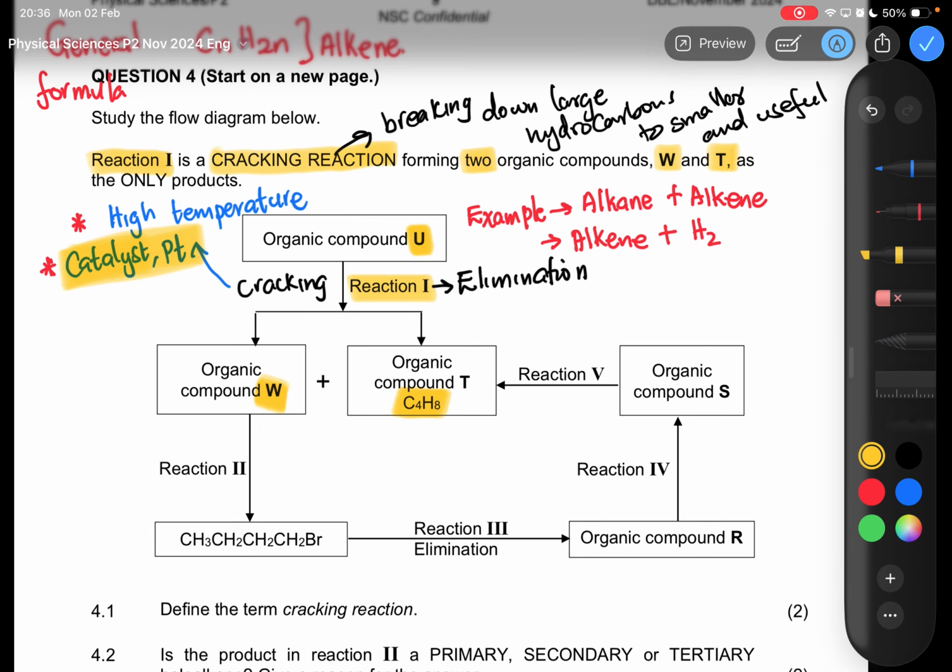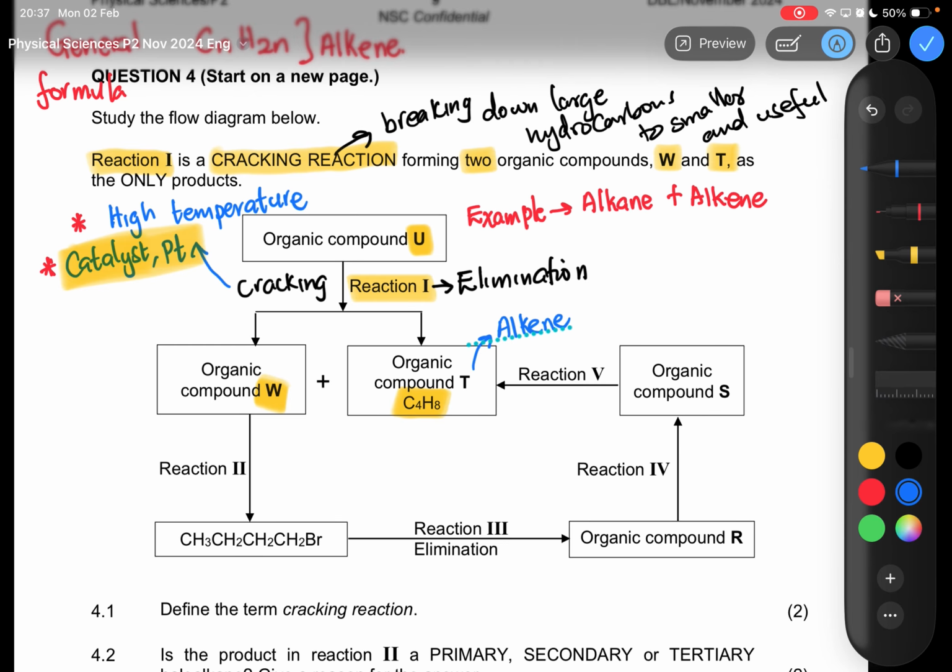So W is continuing to form other products through other types of reaction and reaction conditions. Okay, fine. So that says this one cannot be. We are left with alkane plus alkene. So here we have an alkene.